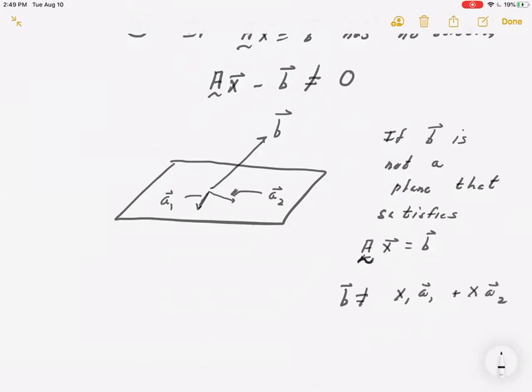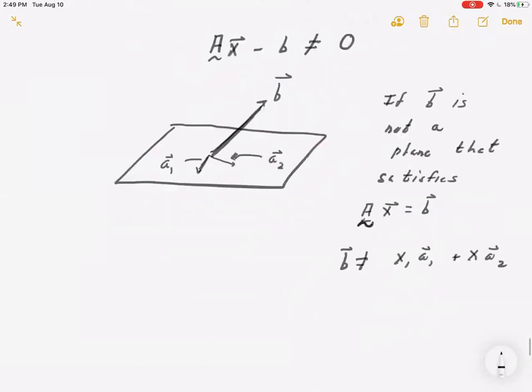Now go back and look at this diagram. What that also tells you is that B is a vector that's not in the plane.